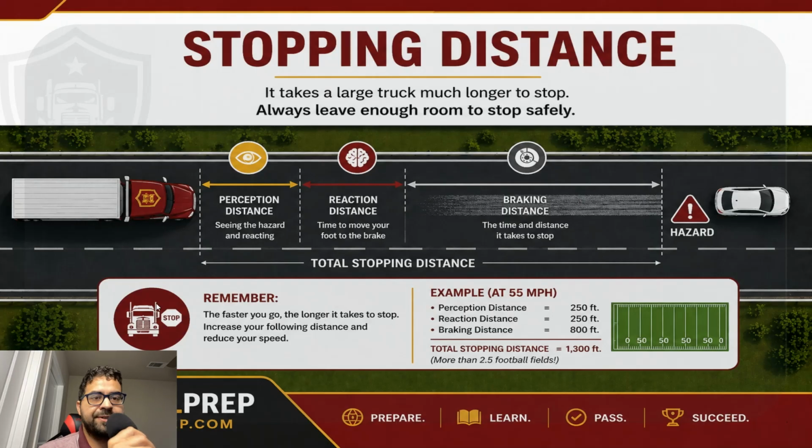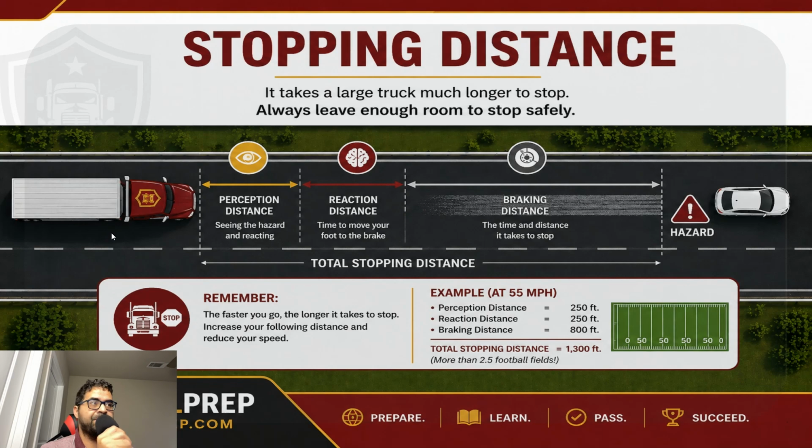Okay, so the faster you're going, the more distance you need to stop. So a truck, for those who don't know, it takes longer to stop. So it's not like a car where you press the brake and right away you get a reaction. There's a delay because there's air involved. From the moment you press that brake and the time it takes the air to go through the tanks, there's a small little delay.